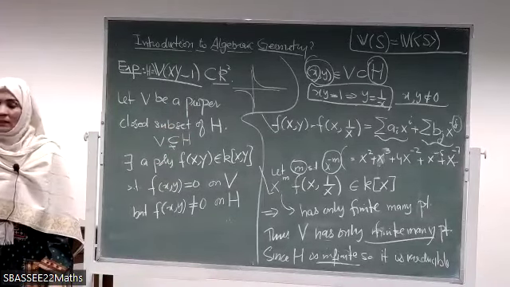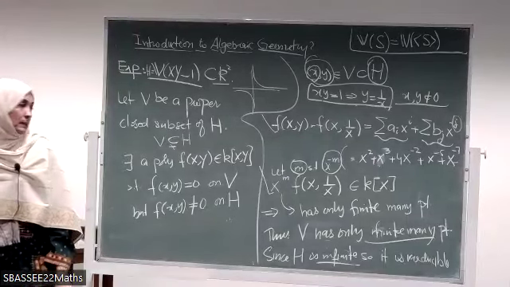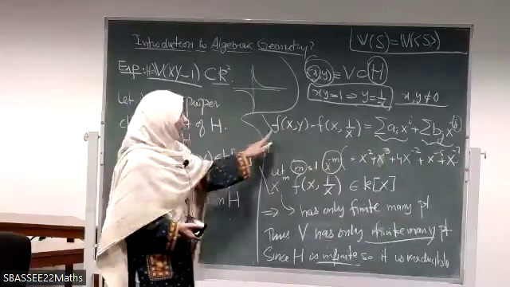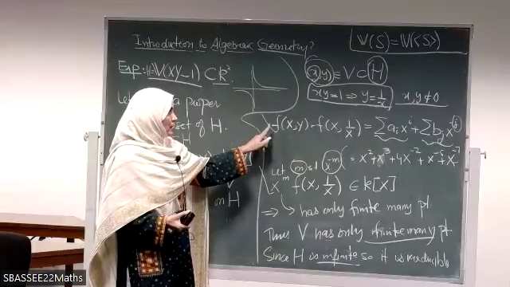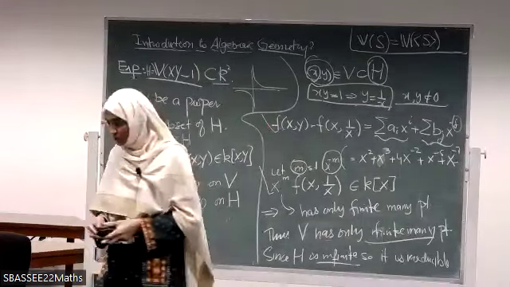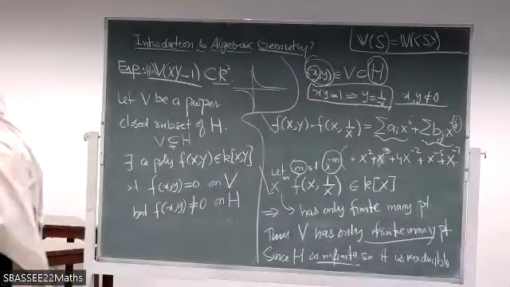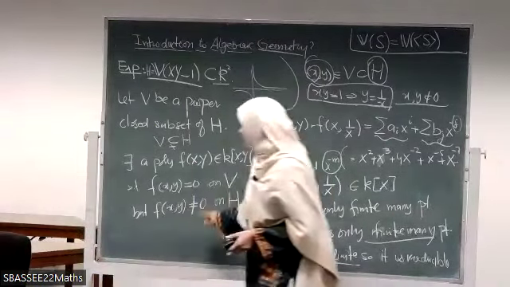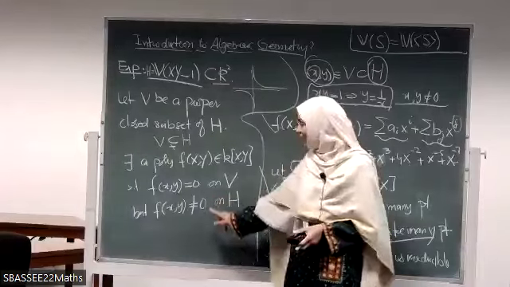But you haven't used the proper condition here. You just consider x and y in V, and you show that there are only finitely many.